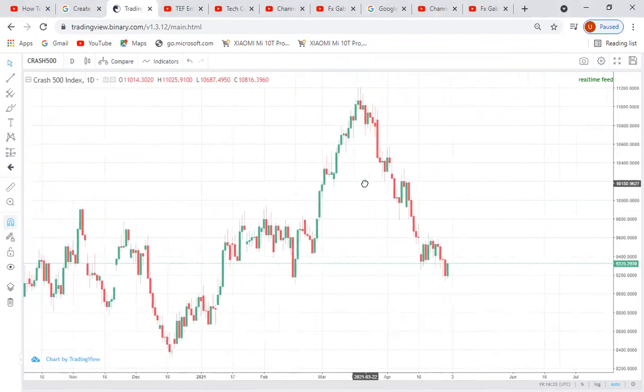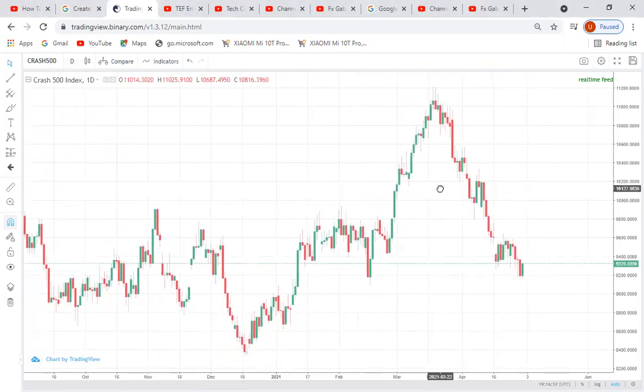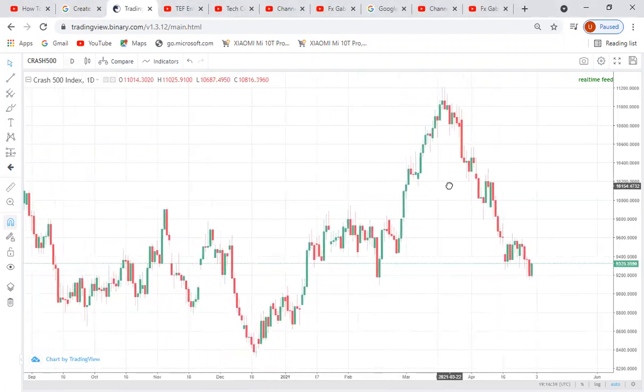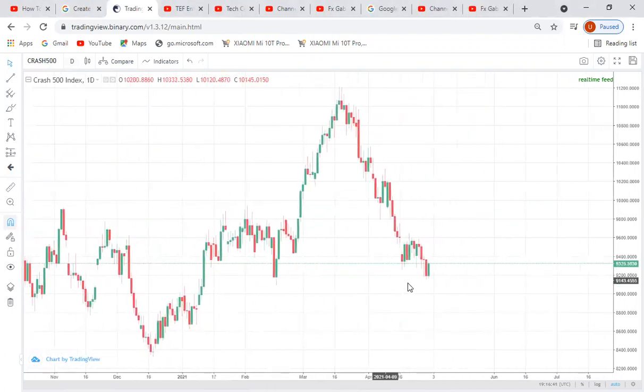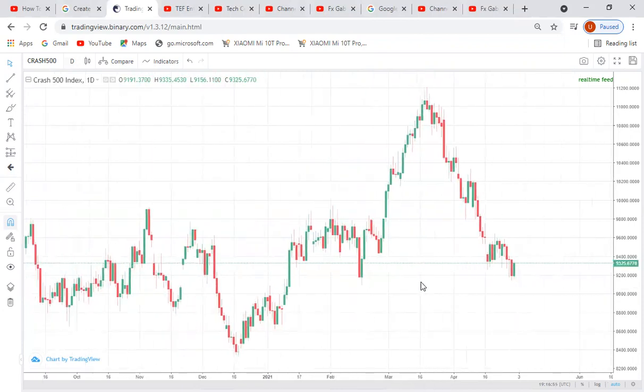Looking at this pair, we can see that the market has been in a serious downtrend, and after a long while, it's only today that we are having a good bullish move. It's been buying since today. But what are we expecting?